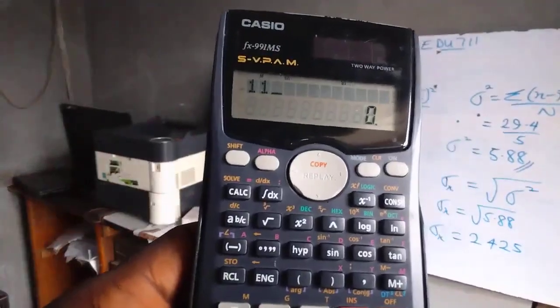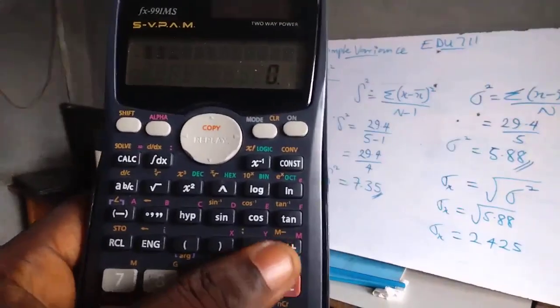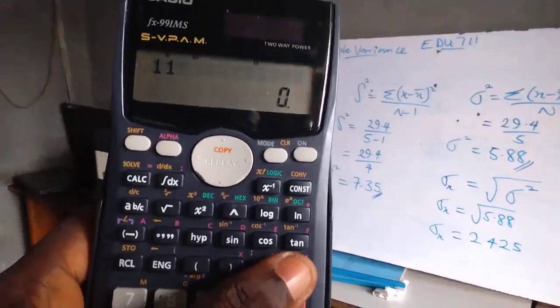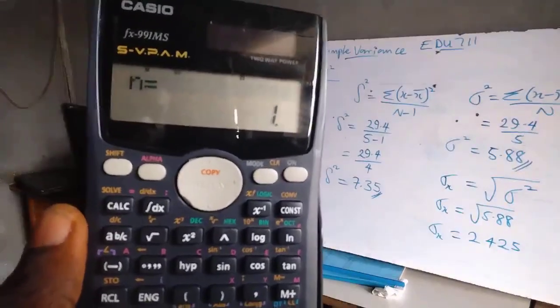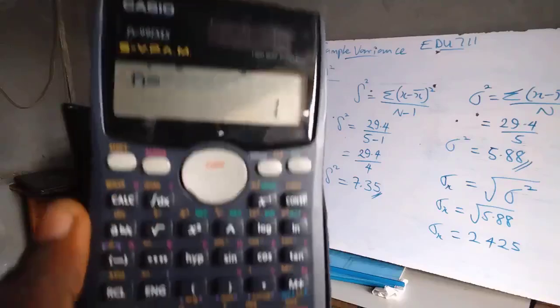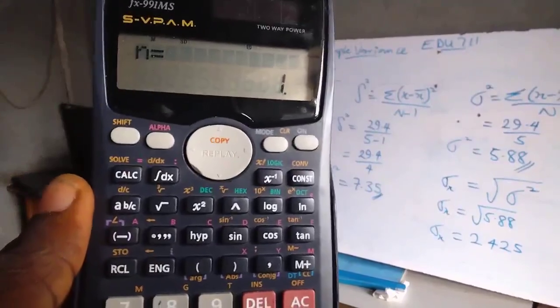You see 11 on the screen. After that, you press M plus. You see that when you press M plus, it gives you n equal to 1. N is your population. That is one data you have entered.